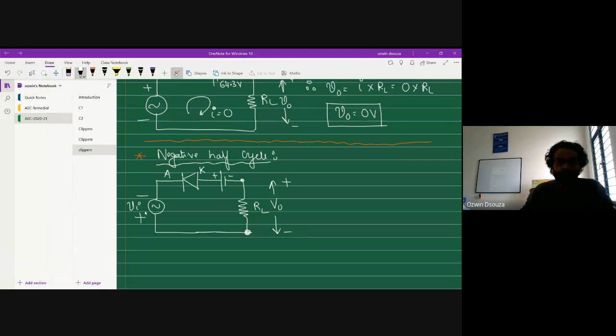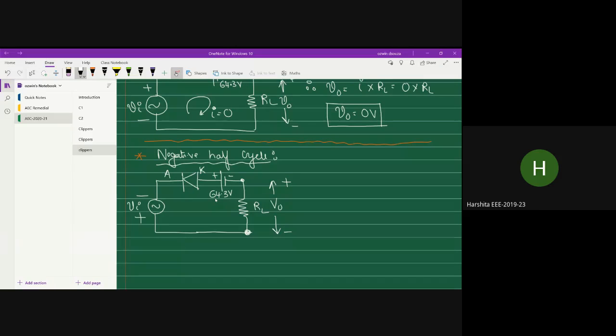Now, can anyone tell me what will be the directions of current? In anti-clockwise direction.